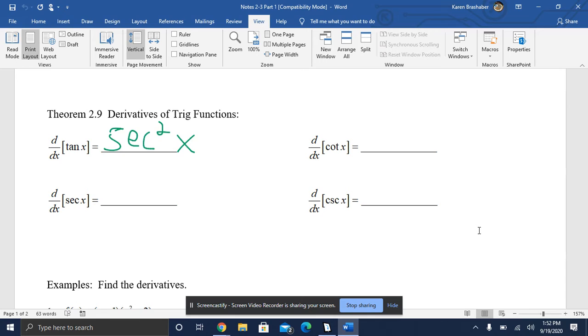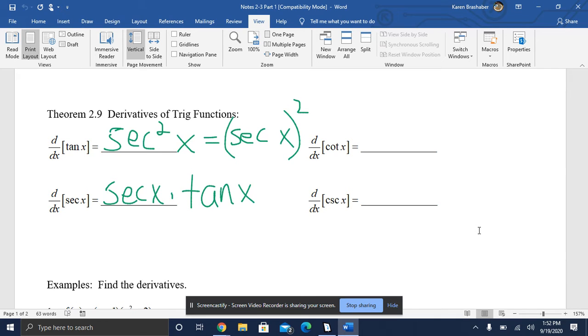And you might just realize that that means the same thing as the secant of x squared. So those two notations mean the same thing. The derivative of secant of x is secant of x times tangent of x. So often I'll say it as secant tangent, just as an abbreviation.